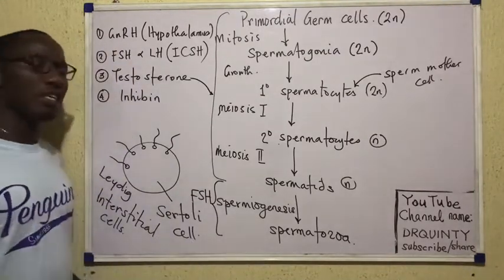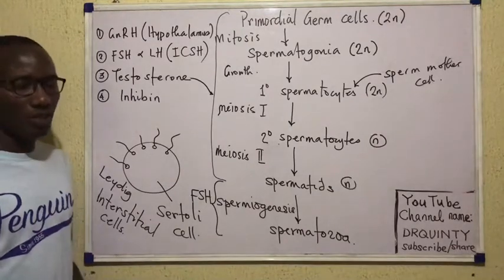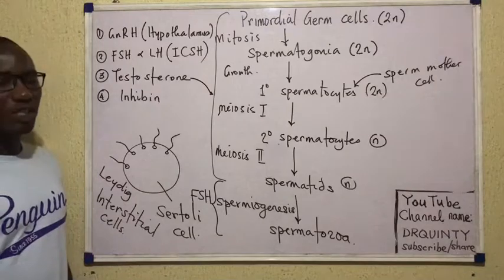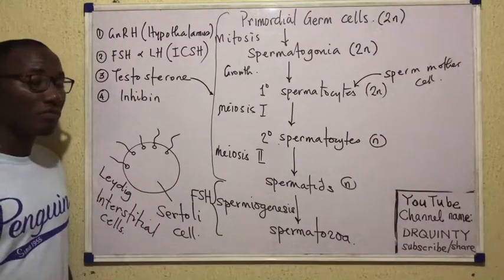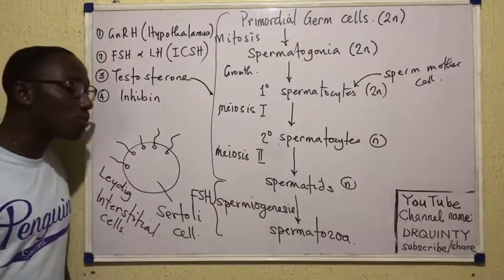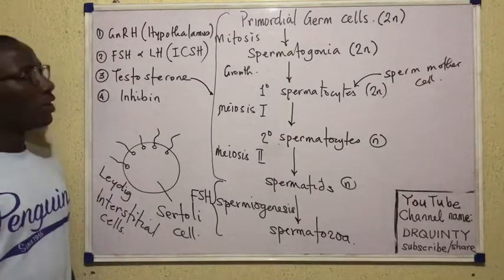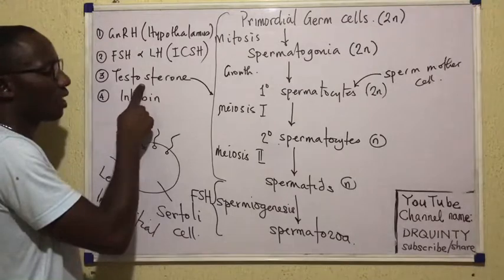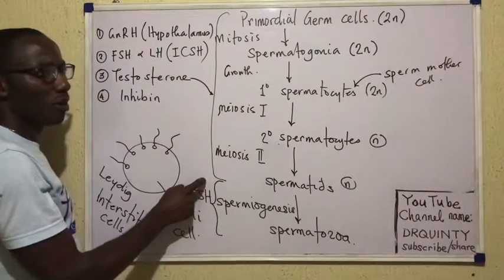So FSH, or follicle stimulating hormone, will take charge of this last stage of spermatogenesis, which in fact we refer to as spermiogenesis. So we've said that FSH and testosterone are concerned with spermatogenesis.